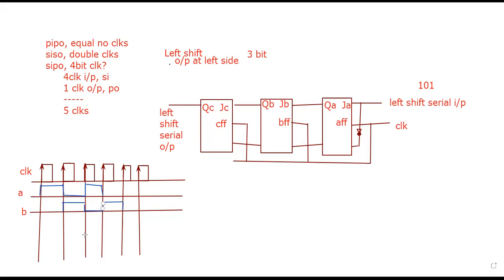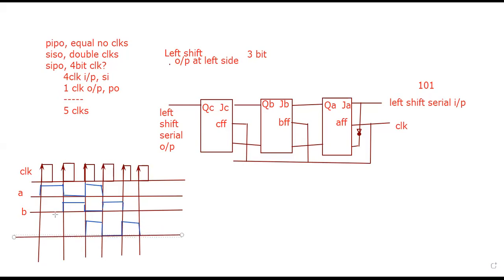At the third clock, CFF would have input and it would just shift. It won't do anything, it will just shift the data to the next flip-flop. So this is the output for CFF.